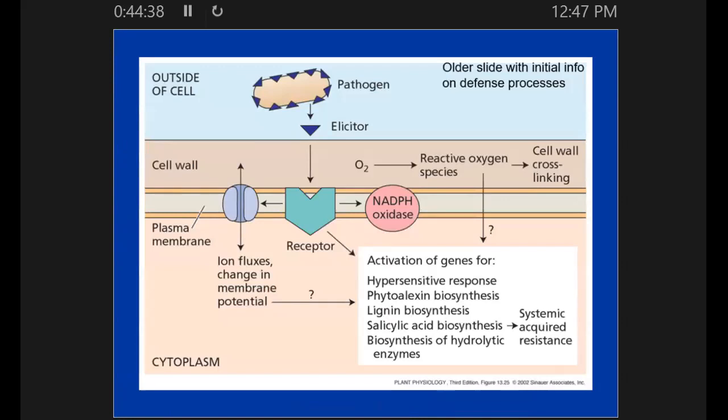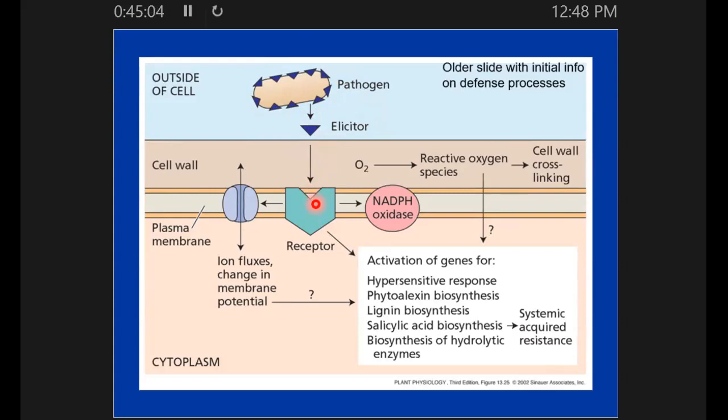All right, so here we're looking at another pathway, looking at the elicitor coming off the pathogen. It looks like they drew a bacteria. So some part of the bacteria, maybe part of the cell wall or something like that, docked into the PRR protein. And then you're seeing a whole bunch of stuff happening in response.